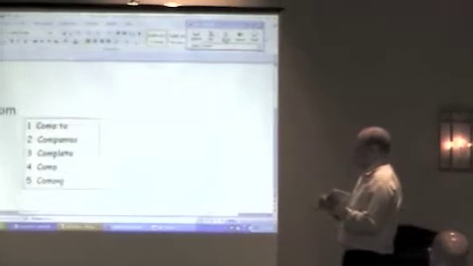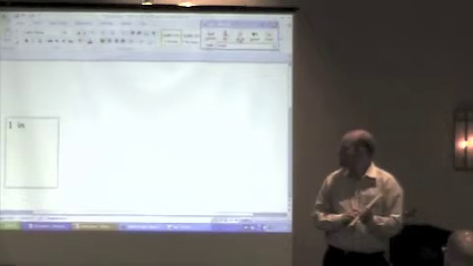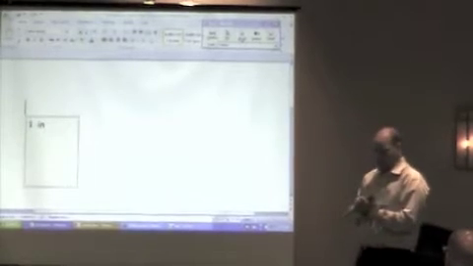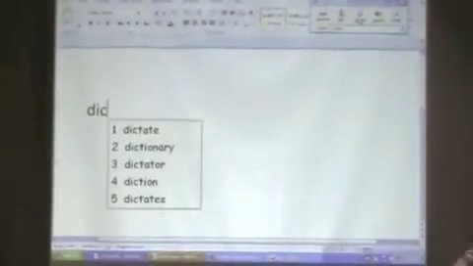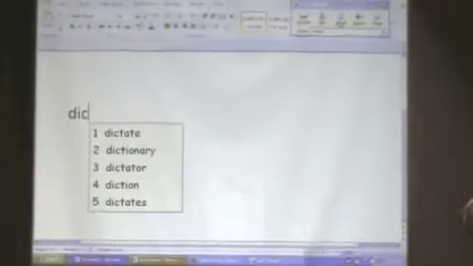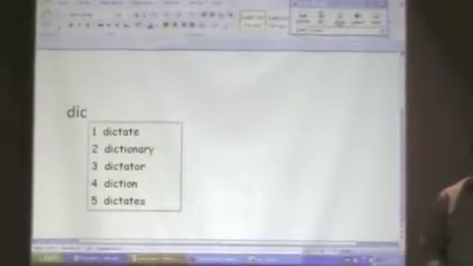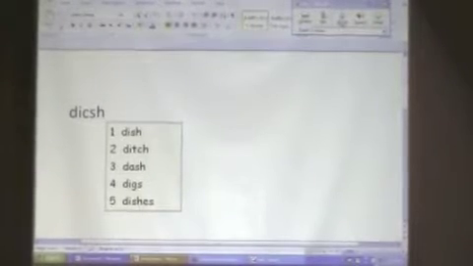The next thing that you can do is, if I spell a word wrong, so word completion would say, great, I can get the word dictionary. The simple fact is, for a lot of elementary school students and middle school students, they spend a lot of time looking at the keyboard, not a lot of time looking at the screen, so they put in D-I-C-S-H and they look up, and the dictionary is not there.